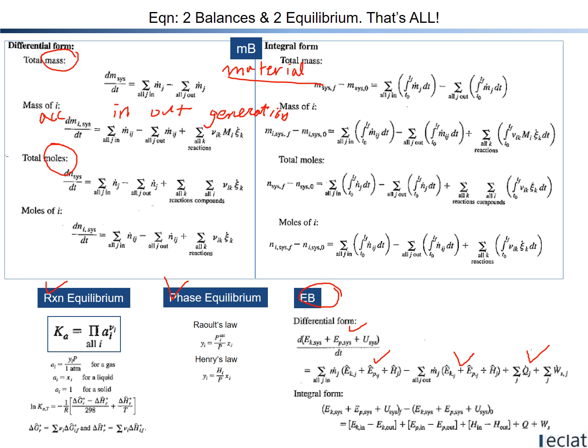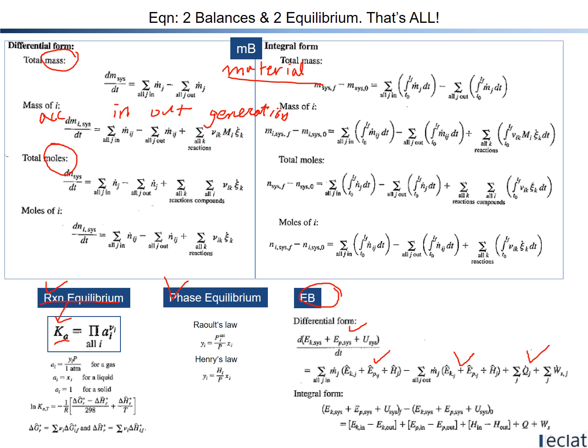Because the reaction conversion is limited by reaction equilibrium. Reaction equilibrium is the equilibrium constant, Ka. You would be very accustomed to this concept, product per reactant, the ratio of product per reactant. So you will use the equilibrium constant for some calculations.